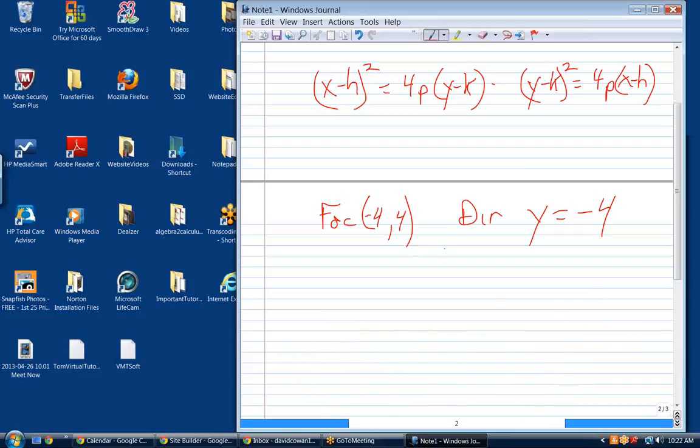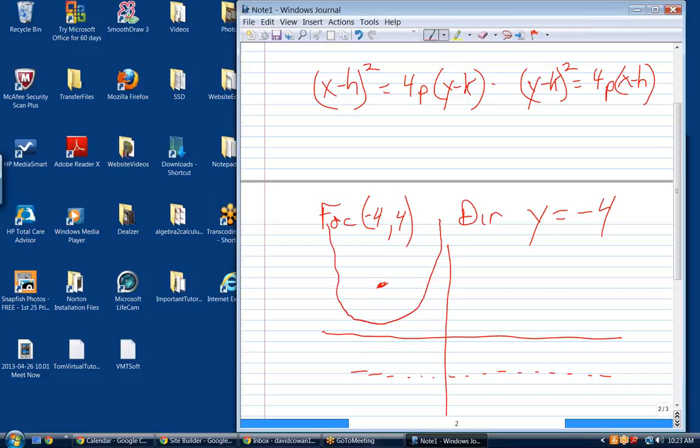Well, let's try to draw such a thing. First of all, we'll put the directrix in with a dotted line. And then we'll put the focus in, -4 and +4. So that's the focus. So we know this opens up somewhere right there.